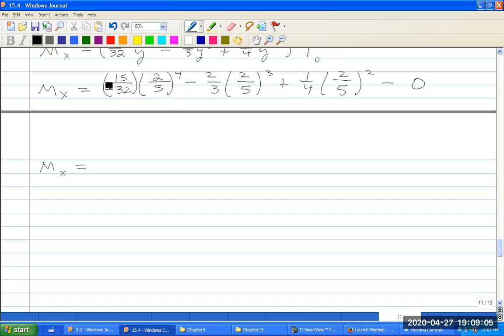One of the 5's cancel, so you get a 3. So you get a 5 cubed in the bottom, and let's see, 2 to the 4th, 16, so you get a 2 times 5 cubed, and so that'll be 250, minus.